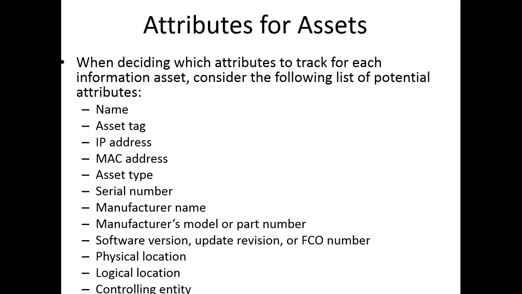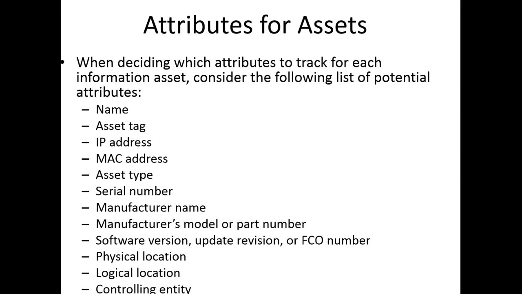The list could include name, asset tags that facilitate the tracking of assets, internal protocol addresses like IP addresses, which are very useful for network devices and servers, media access control or MAC address, and also asset types, which describe the function of each asset.